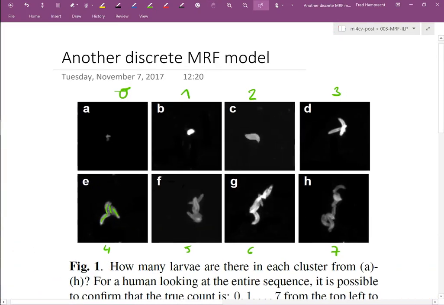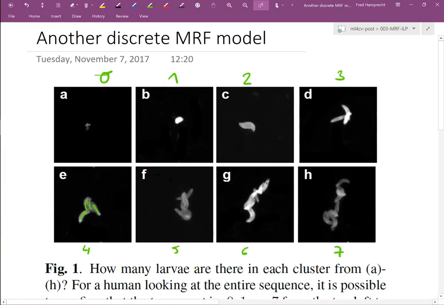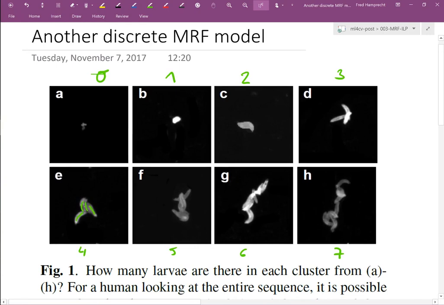Now, the point is that on some of these images shown here, it is very difficult to estimate even this basic question: how many larvae are there in these images?